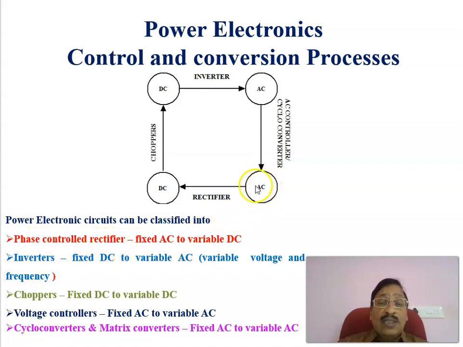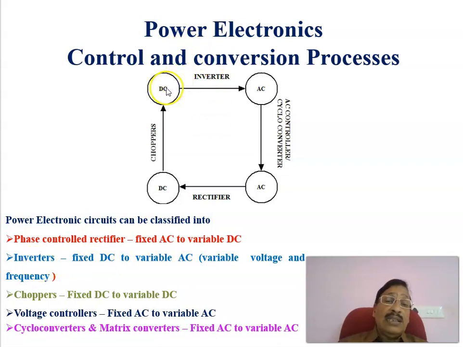If you have a fixed AC and you want to get a variable DC, then you will be using a controlled rectifier. Then if you have a fixed DC and you want to convert it into a variable AC, then we will be going for an inverter.